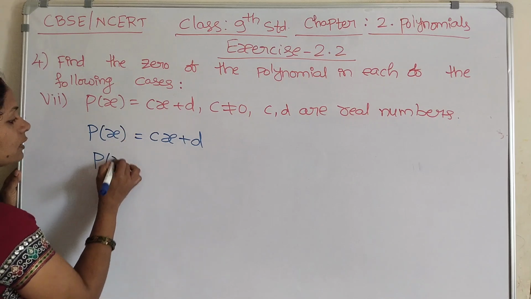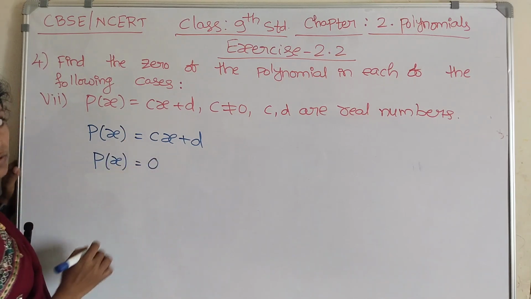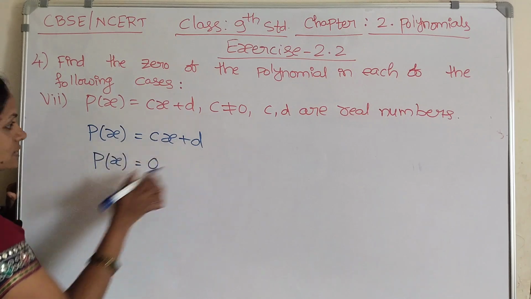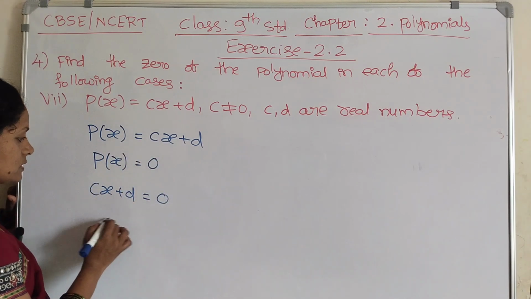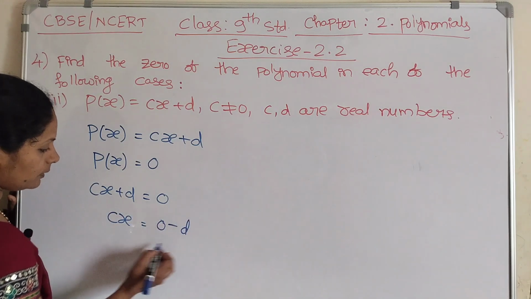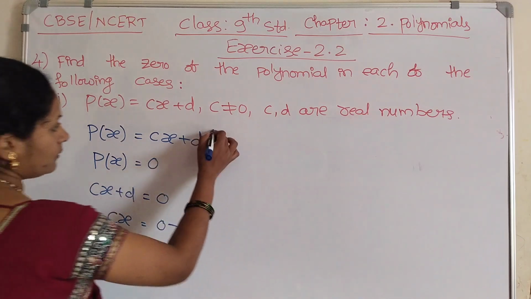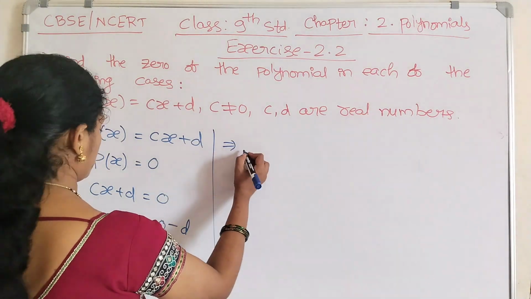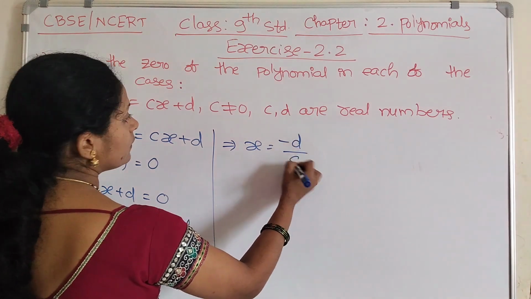That's why we should equate this p of x to 0. Then what is the p of x here? Cx plus d equals 0. Cx is equal to 0 minus d, which is minus d. x is equal to minus d by c.